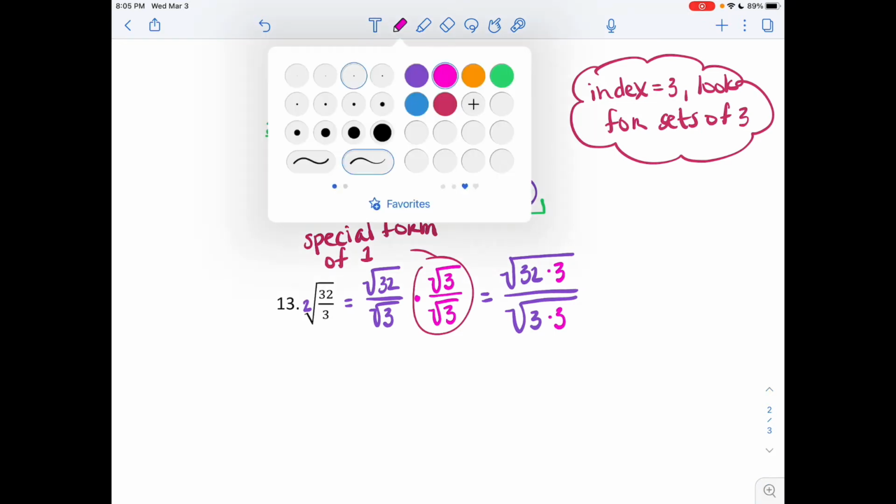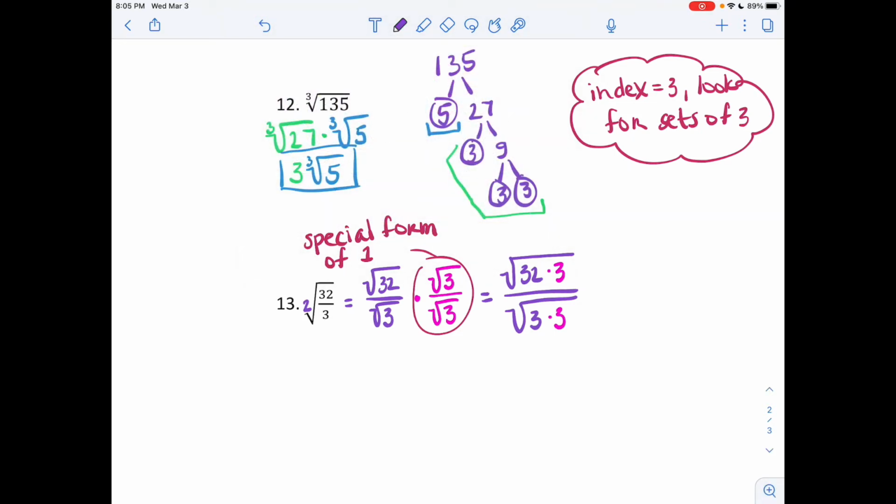So let's continue working on this. I know that 32 times 3, or if I don't know, I put it in my calculator, is 96, and 3 times 3 is 9. So I'm going to have square root of 96 divided by 3, because the square root of 9 is 3.